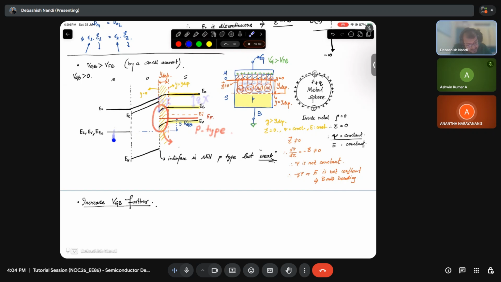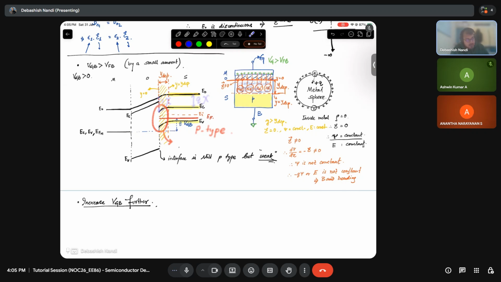Increasing VGB means putting this line more downward. That means this will be steeper, and this bending will be more. You can visualize it, right? This bending will be more. That means your EI will start to touch your EF and can also cross it.